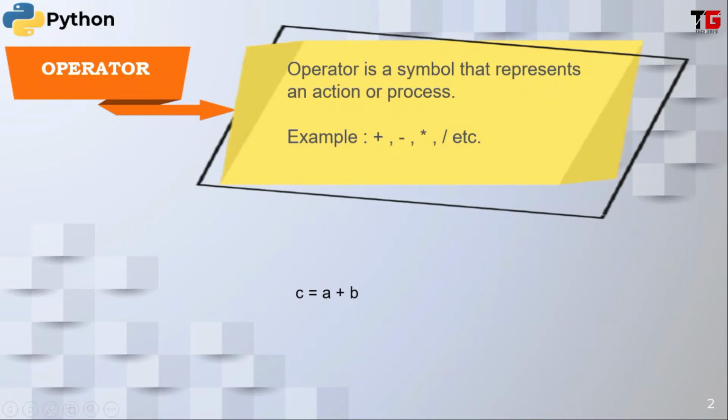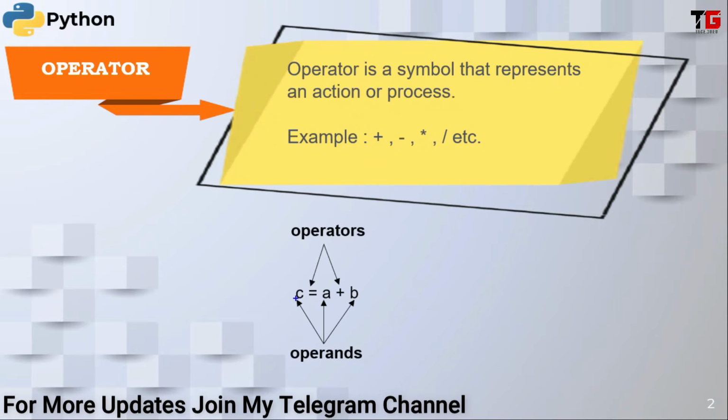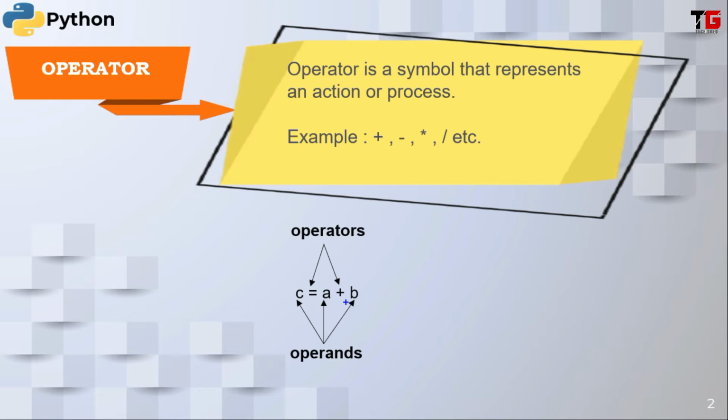Friends, you must have seen this statement earlier, C equal to A plus B. We all know its meaning. We have to add the values of A and B and then store the result in C. Friends, in this statement, A, B and C are the variables on which we have to perform some calculation. So these three variables are known as operands and the operation that we have to perform is known as operator.